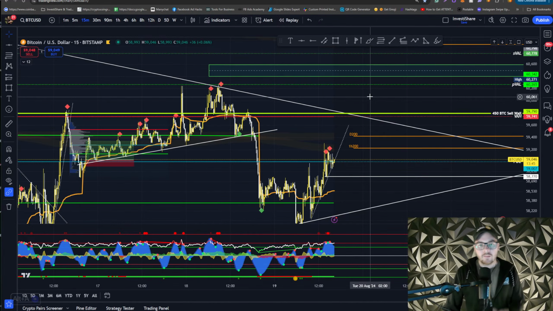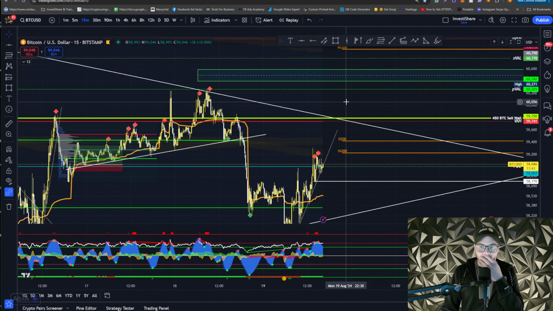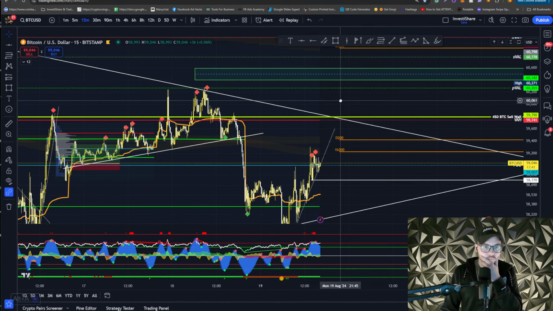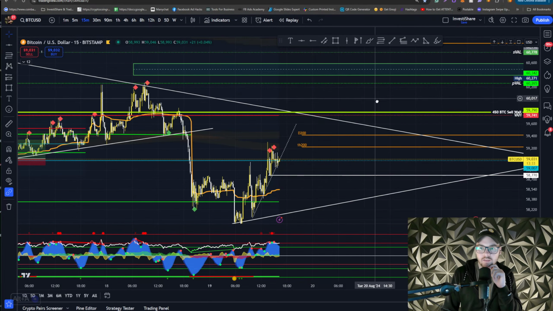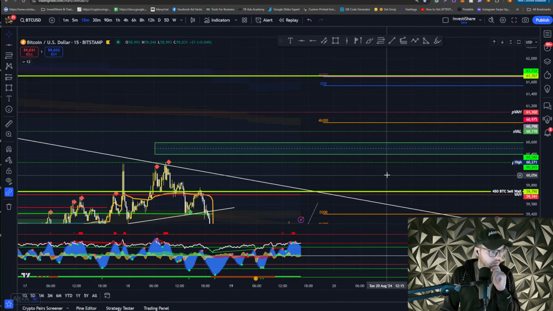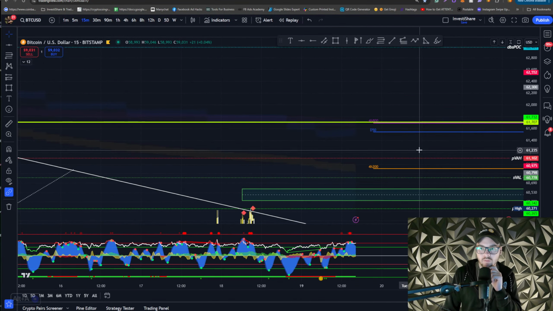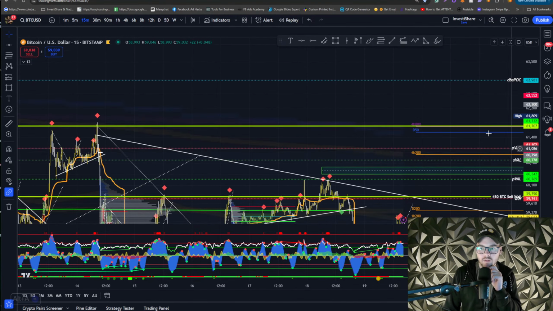So we got a lot of barriers. Sorry, the double, the DN. Are you talking about this, man? The double distribution POC?